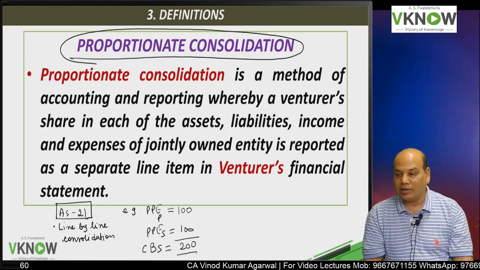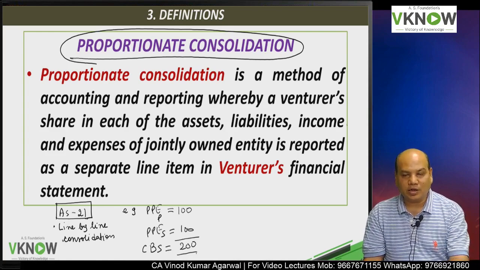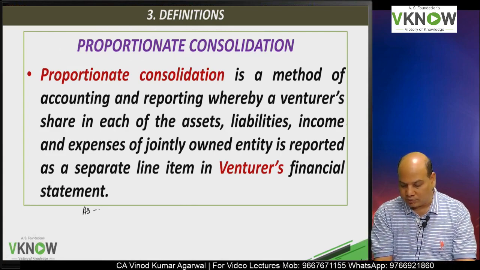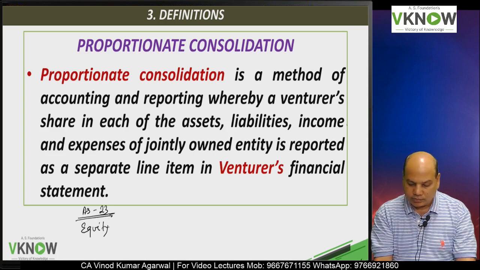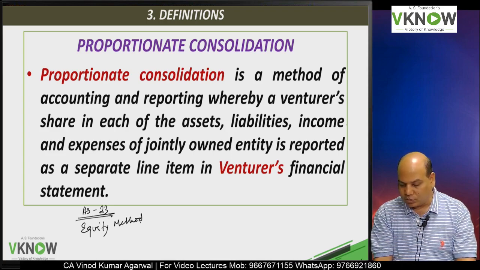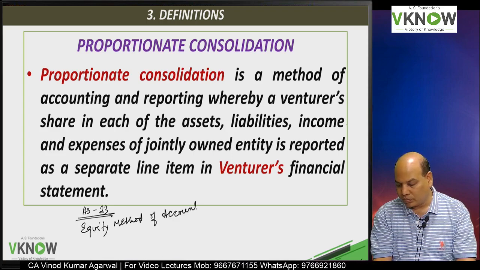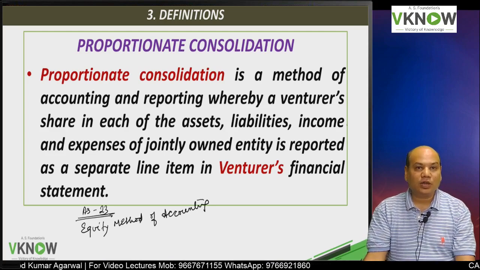That is called line by line consolidation. The same item in the parent's books is added along with the subsidiary. Then you have studied AS23. In AS23, the method of accounting or consolidation is called the equity method.